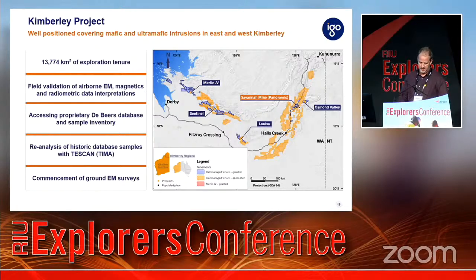And again, we're now using new technologies such as TEMA to reanalyze these really valuable samples to help us prioritise where we should be exploring in this belt in the first pass. We've also just started commencing ground EM surveys, and as nice as the Kimberley is to go up and visit, it's quite hard to do EM in some of the terrain due to the topography.